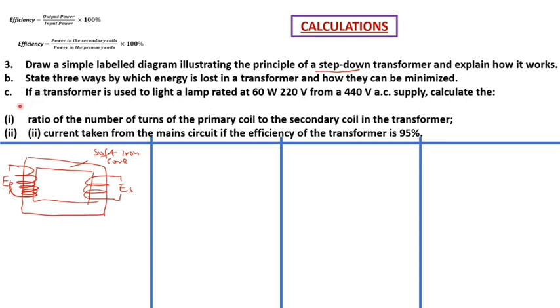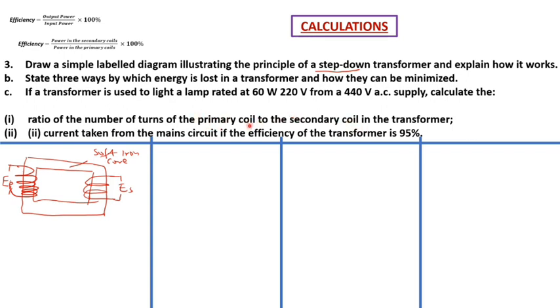So C, if a transformer is used to light a lamp rated 60 watts, 320 volts from a 240 volt AC supply, calculate 1, the ratio of the number of turns of the primary coil to the secondary coil in the transformer. Now, take a look at the question. You have to calculate the ratio of number of turns in the primary coil to the secondary coil.